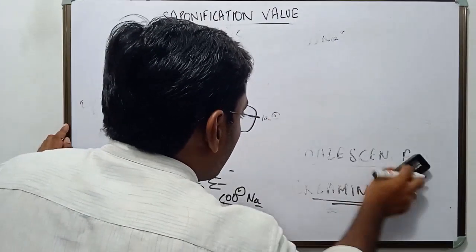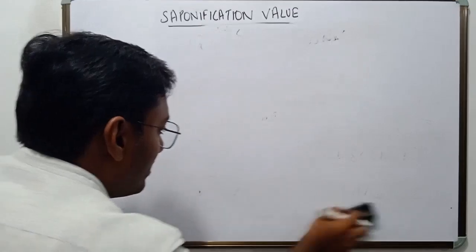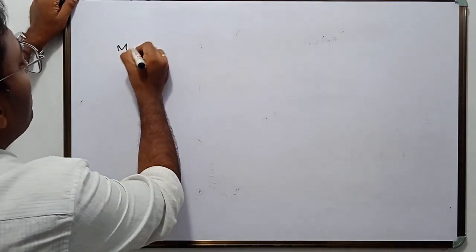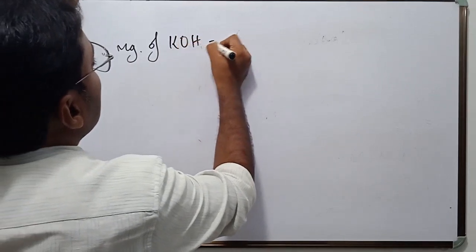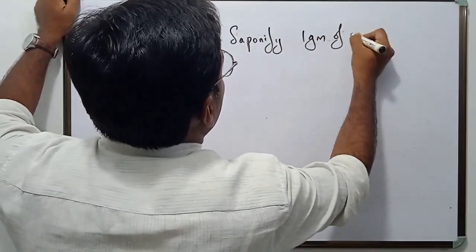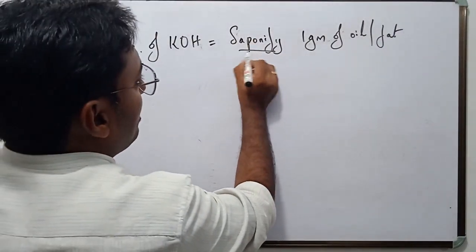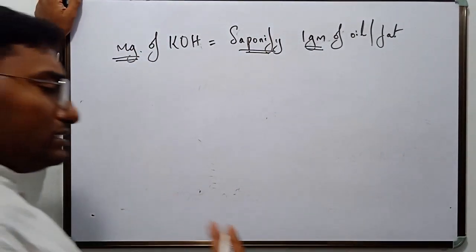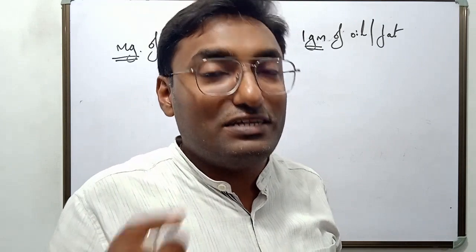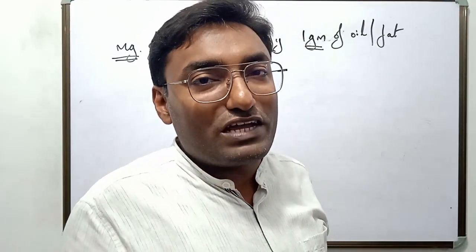So saponification number is the number of milligrams of KOH required to saponify 1 gram of oil or fat, or you can say it is the milligrams of KOH that is required to convert 1 gram of fat or oil into soap. That is called saponification number.